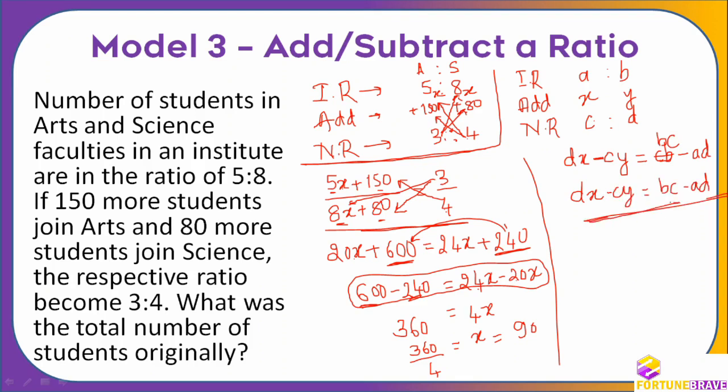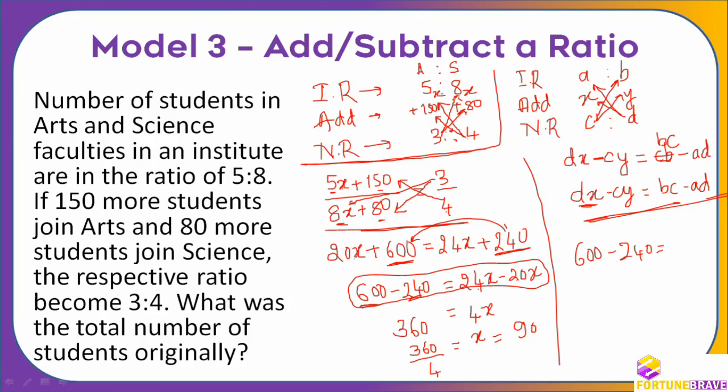If you can remember this, what we are doing is this into this, this into this, this into this, and this into this. If you remember this, then you will be able to solve it directly. Now you can see here, I can take dx, this 4 into 150. 4 into 150 is 600 minus 3 into 80, 240, is equal to b into c.